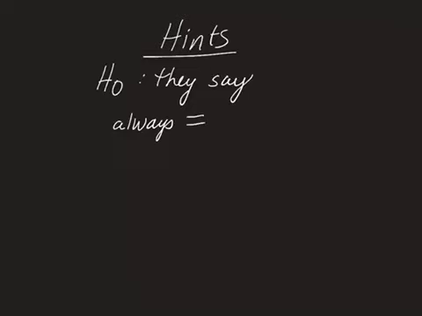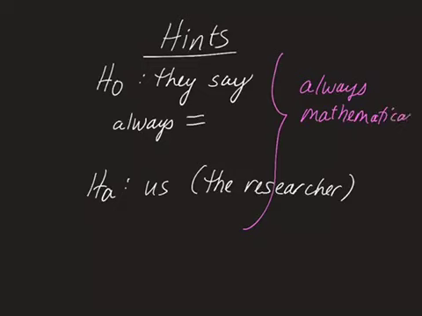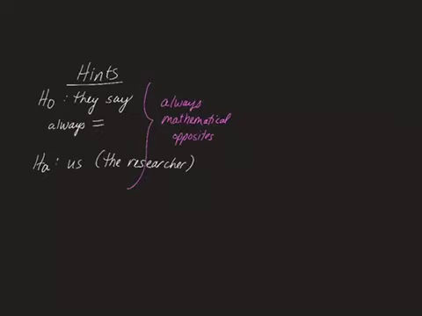HA is us. In other words, the researcher. We can make a claim as well. Find out that these two will always be mathematical opposites. This means if they say equals, we say not equals.